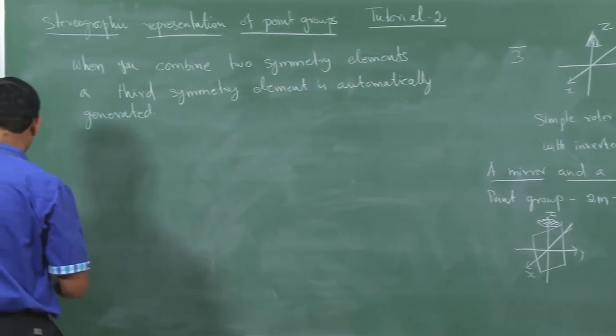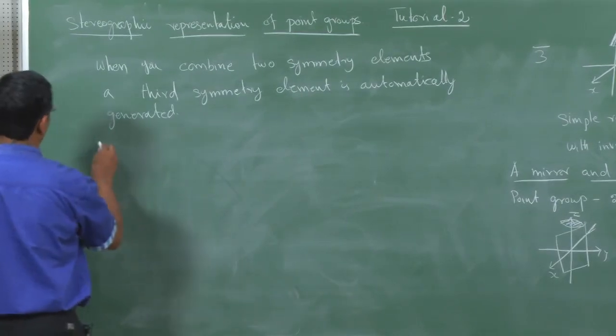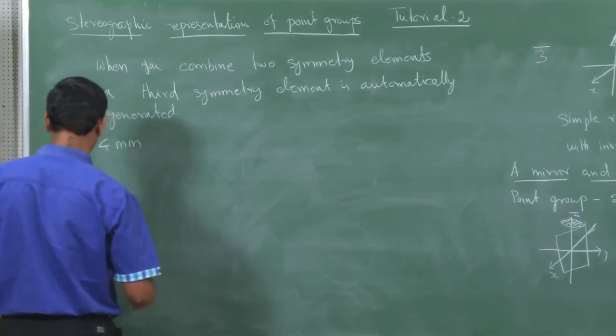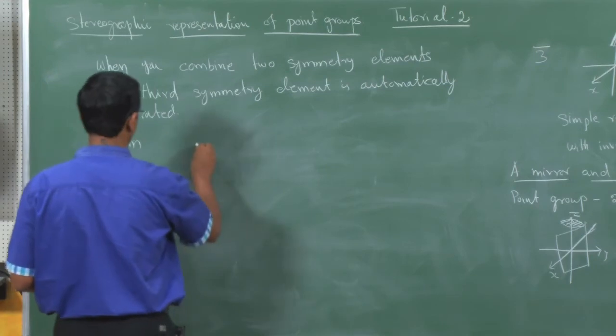So, let us try now the 4mm point group. So, it will be like this.